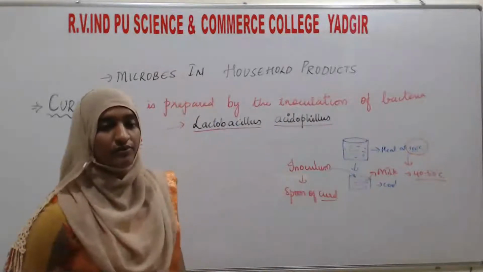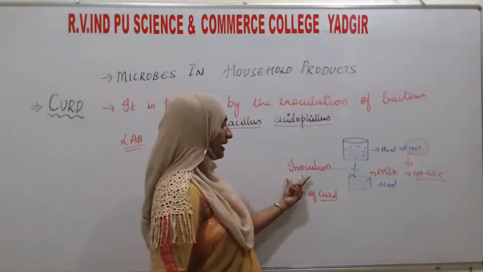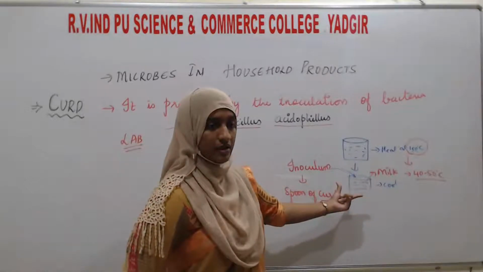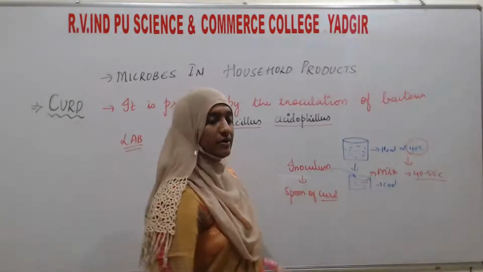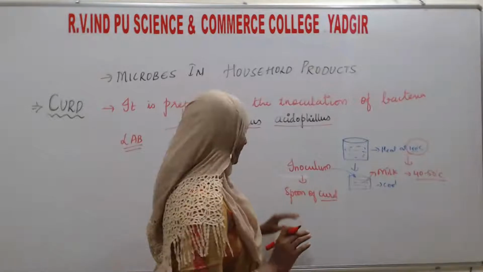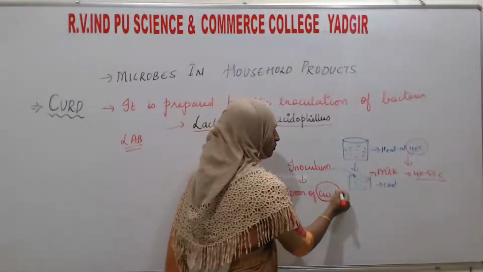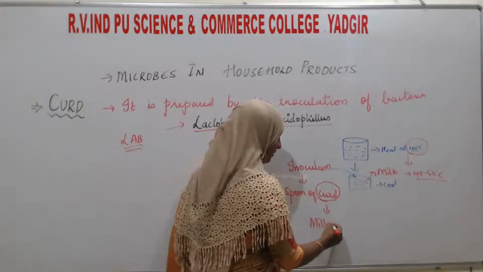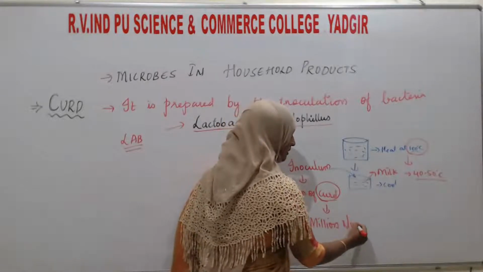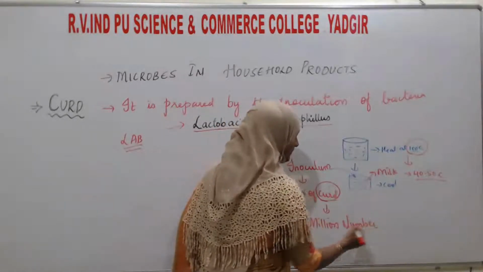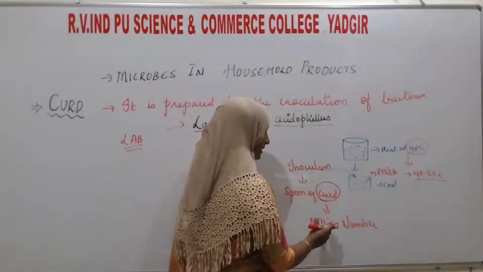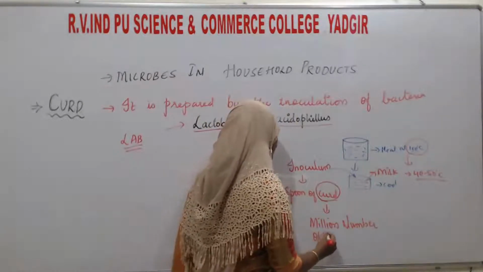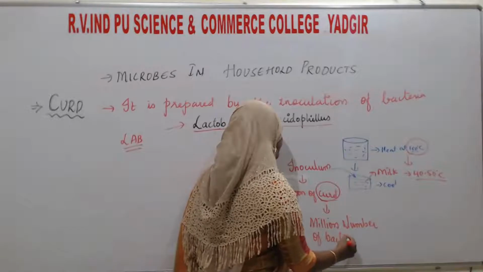At that time, you will just add the inoculum, a spoon of curd, to that particular milk. A spoon of curd will have a million bacteria.